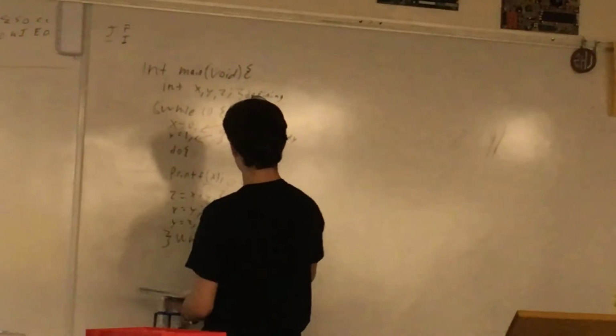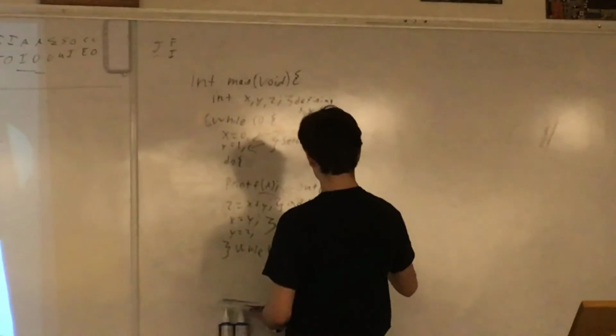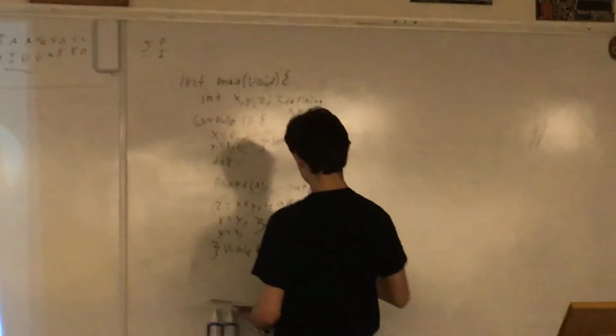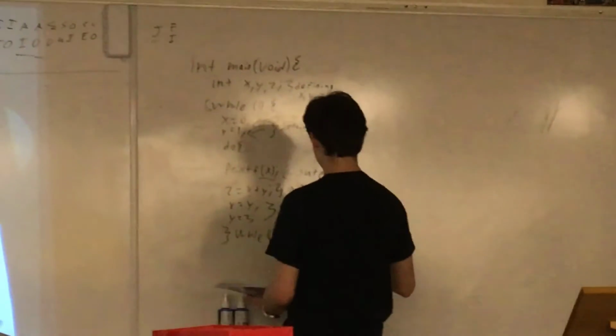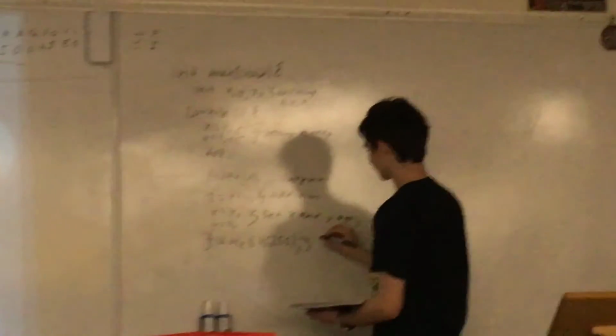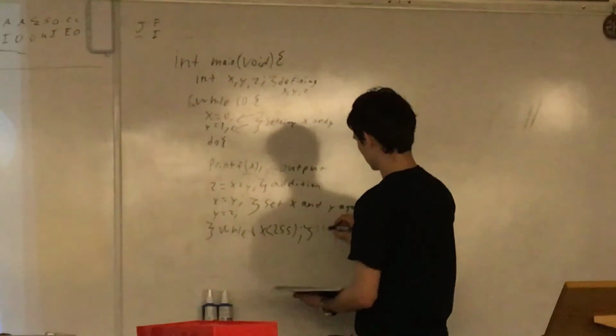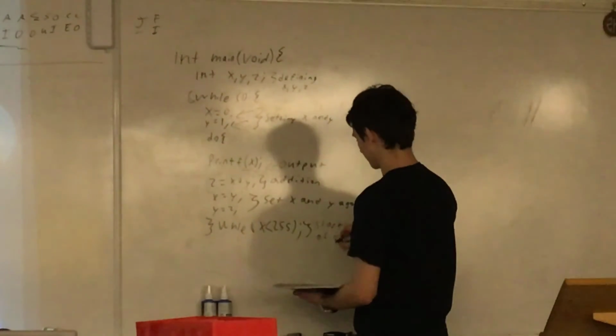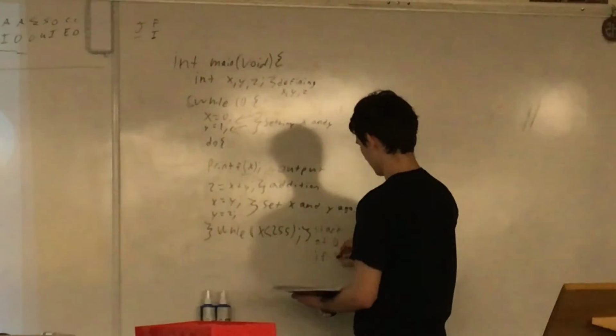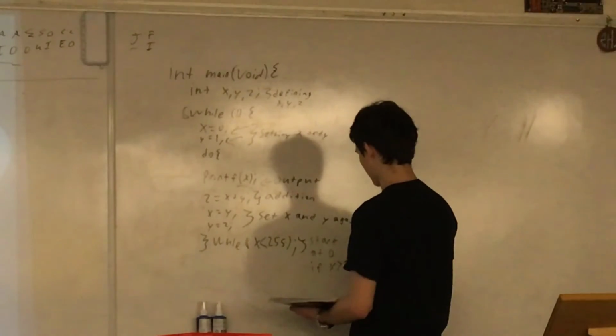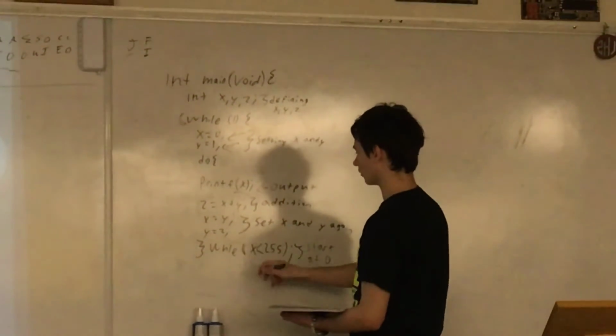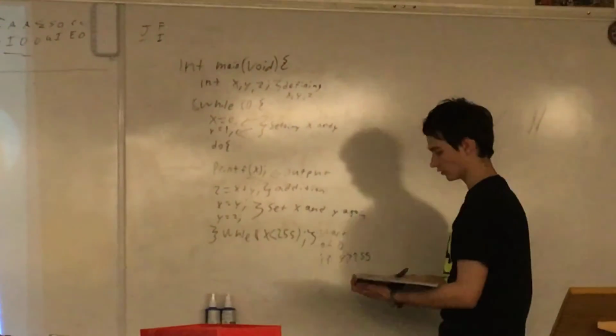And we want to set x and y again. And then we want to go and start at 0 if x is greater than 255, because it only loops around when x is lower than 255.